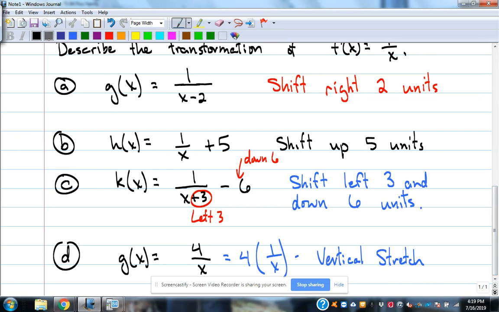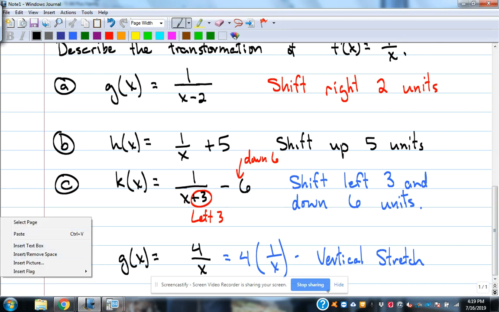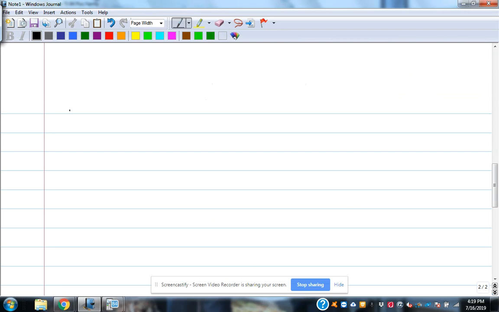And sometimes that's hard to see. They don't get too tricky with that. We'll do one more of those. Let's say we had something like g of x is equal to 1 over 8x, something similar to that.